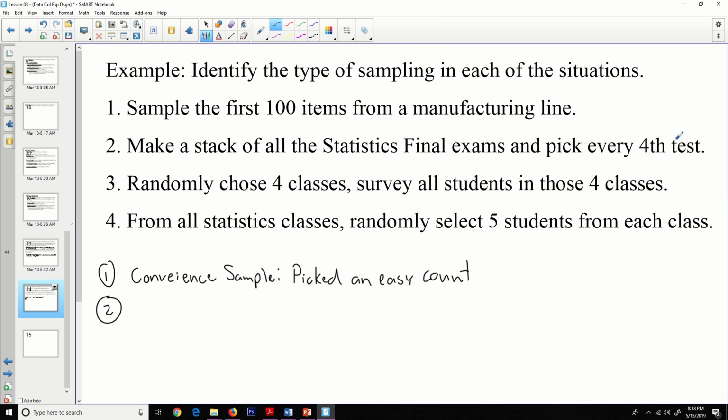This is very similar to the example that I gave for a systematic sample. It is random, but has a system.